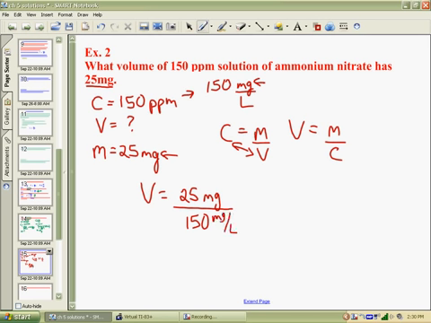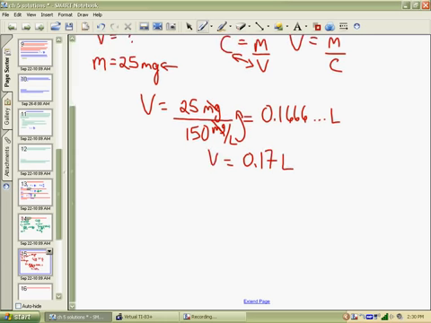And 25 over 150 would be 1 over 6, so you get 0.1666, repeating for a long time. The milligrams cancel, and this liter is going to come up top, and that would be your answer in liters. So if we were rounding this off to 2 significant digits, you'd say 0.17 liters is the volume, which might even be better to write as 170 milliliters, where you'd multiply by 1,000 and make it a bit more pleasing unit to look at.